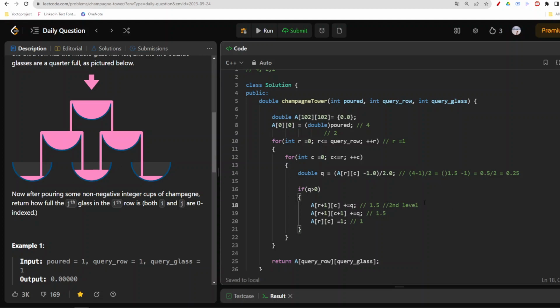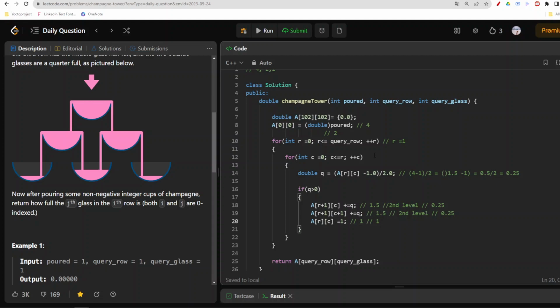So now here the left side will get 0.25 and the right side will also get 0.25. And the one which was just above it will be having just 1. Earlier it was having 1.5, now it will be having 1.